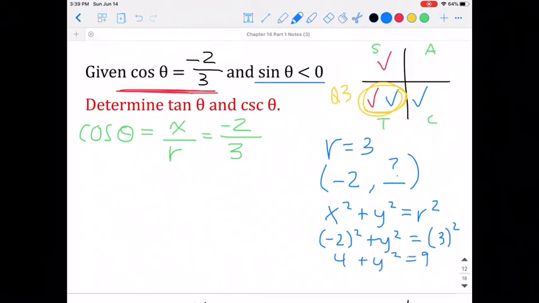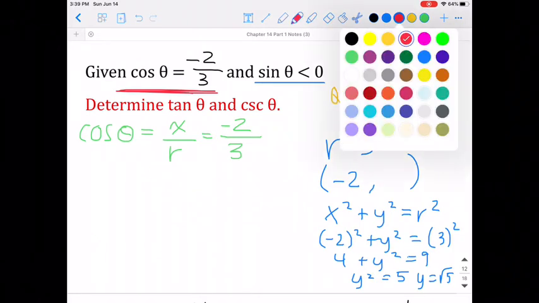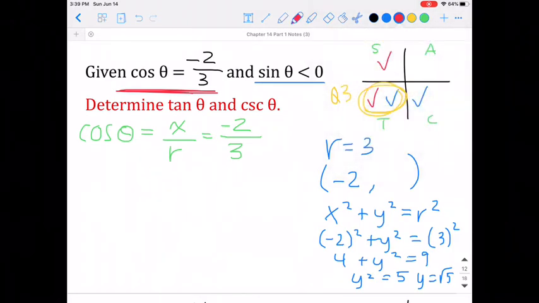Subtract 4 from both sides, we get y squared is equal to 5. Take the square root of both sides, and we have y is equal to radical 5. Like I said before, we know because we're in the third quadrant, our x and our y values both have to be negative. So our y value is going to be negative radical 5.